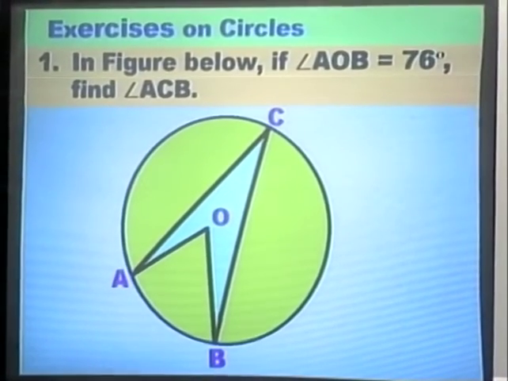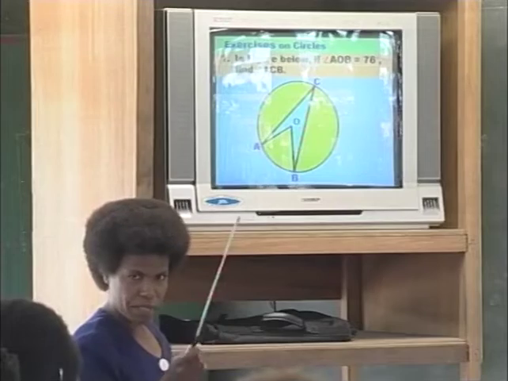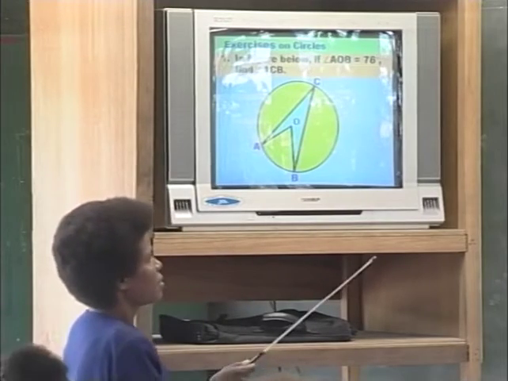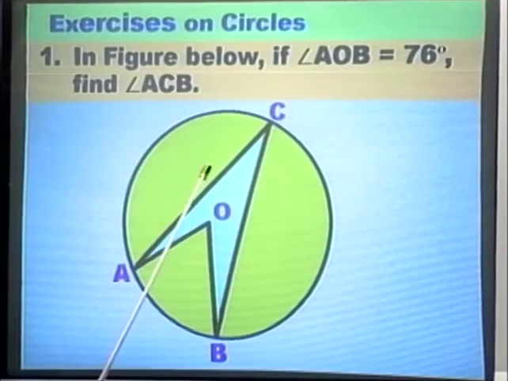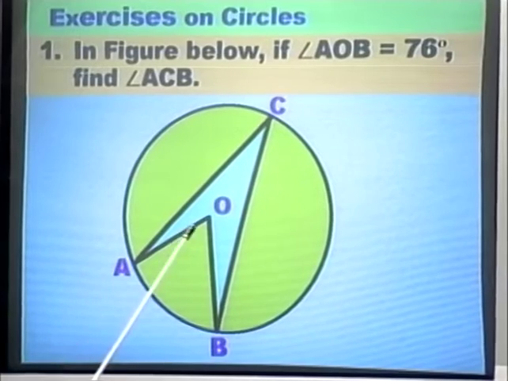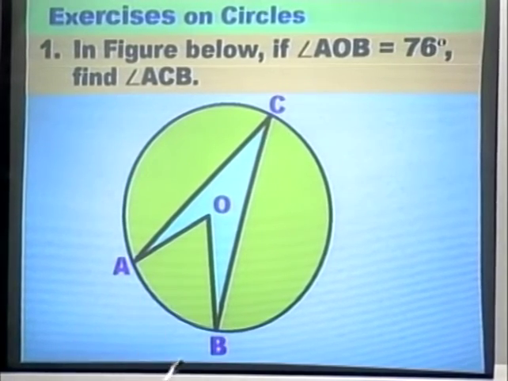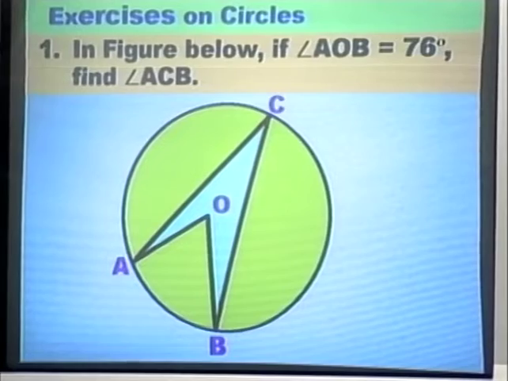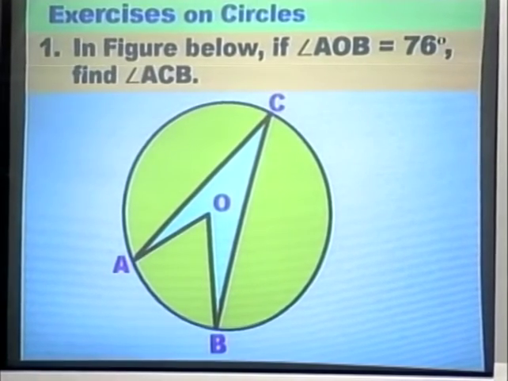You have, what property has got to do with this question? Property 1, right? Same arc subtends the two angles, one at the center and one at the circumference. So if this angle is 76 degrees, what's the angle ACB, or the size of angle ACB? 38 degrees. Okay.